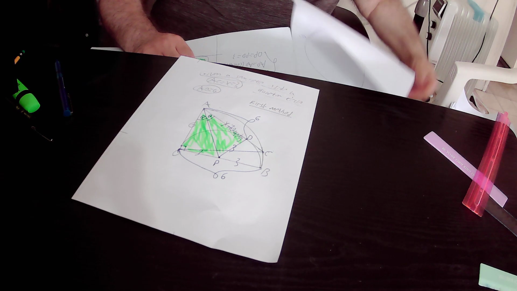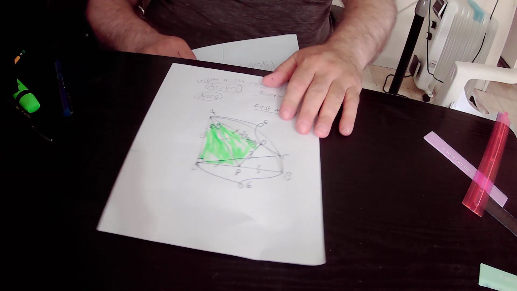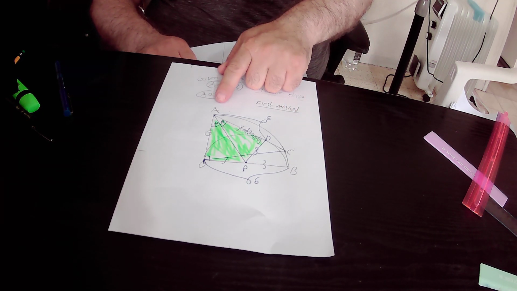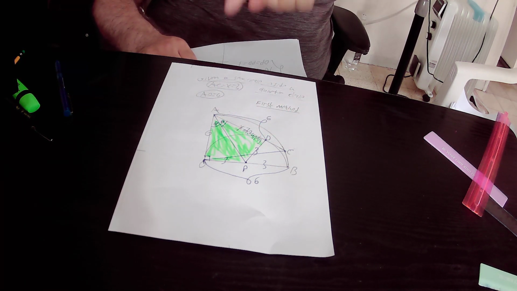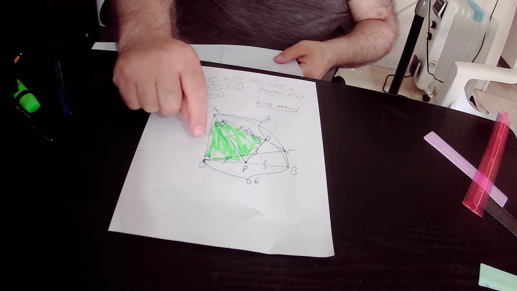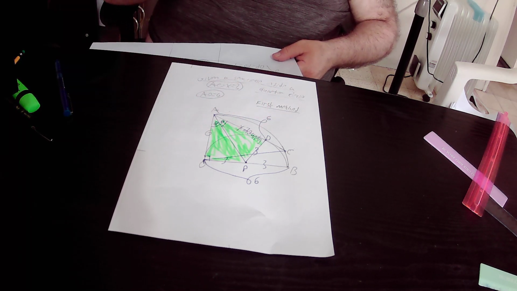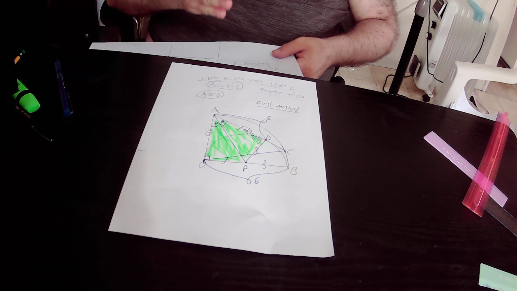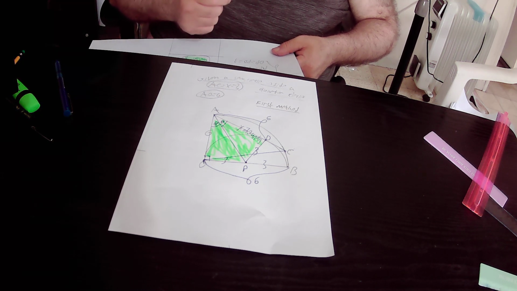We can implement rule number 1 in our drawing, because in our drawing we have a common external point, point A, in relation to the semicircle. And from the common external point, point A, we have two tangents to the semicircle. The first tangent is AO, and the second tangent is AD. According to rule number 1, the lengths of those two tangents must be equal to each other.